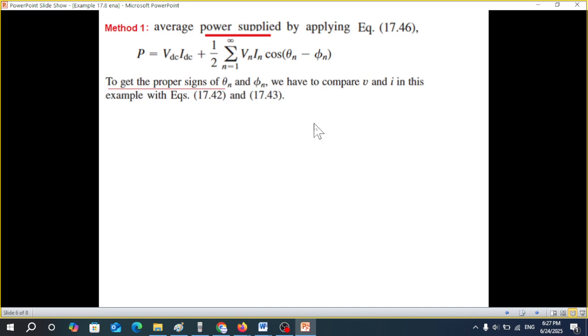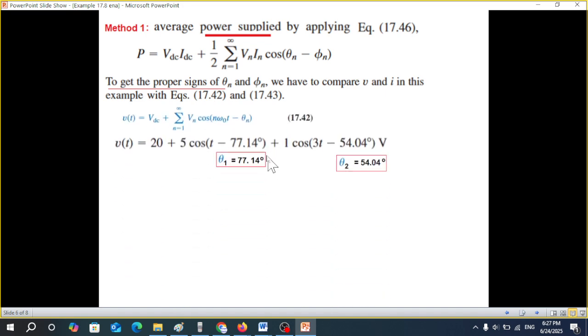And now one thing which is making it slightly complicated is that he is saying that you have to find the proper sign of the angle. And to do that, we have to compare it with equation 17.42 and 17.43. Let's do that. This is 17.43. This is our voltage equation. So if you compare now, this is minus, this is also minus, that means theta 1, this is for theta 1 or omega 1, so theta 1 will be plus 77.14.